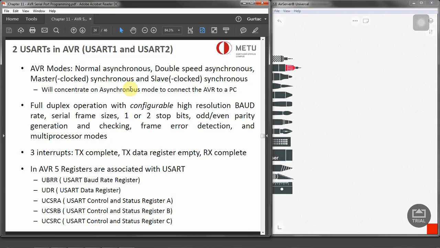So we can configure with the AVR serial programming registers that we are going to see in a minute, and we can use any of these modes to perform the operations.